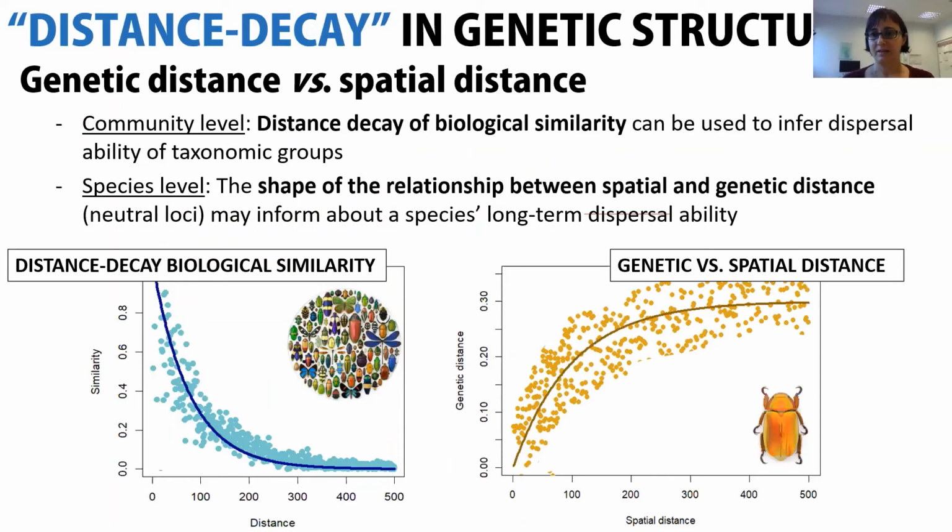What we are doing is assessing an analogous pattern. What I have just explained about distance decay in assemblages and communities, we are going to translate to genetic distance, right? So we will expect an increase in genetic distance with spatial distance.